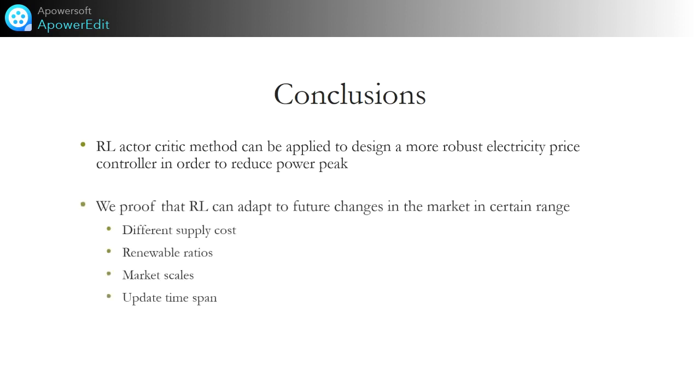We proved that it can adapt to future changes within a certain range, and we changed parameters such as supplier cost, renewable ratios, market scales, and update time span. Future work includes extending to a multi-participant power market and further optimization of the hyperparameters of the RL model. Thank you.